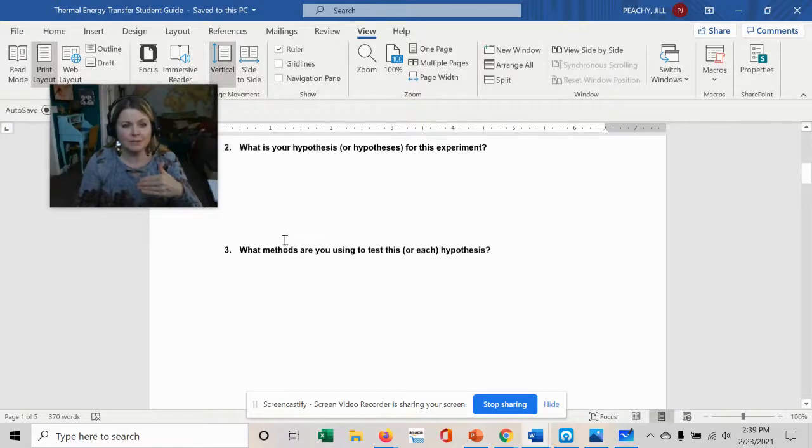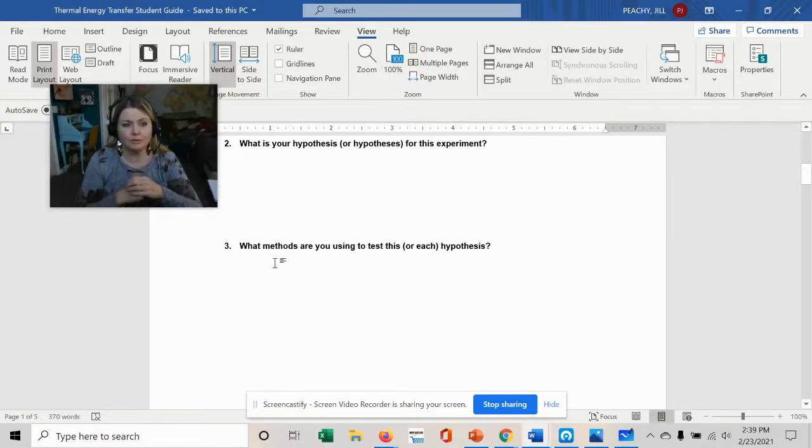Question 3 is where I see a lot of struggle with students: the methods that you're using. Make sure you're giving me enough detail without giving me too much, but err on the side of caution and give me more if necessary. Don't just tell me that you're using the Edgenuity app. Explain the steps that are used virtually to get the information. Explain the experimental setup a little bit and what you're doing to arrive at the data you're collecting.